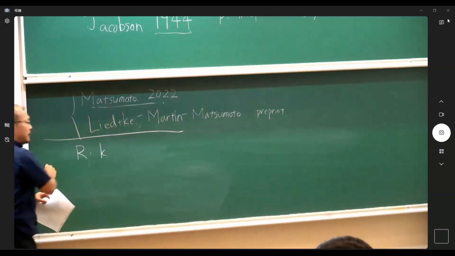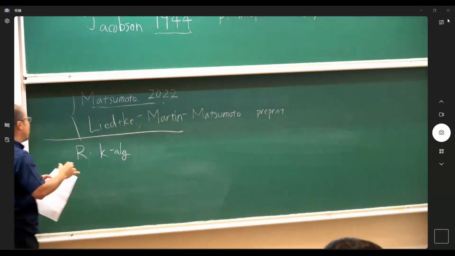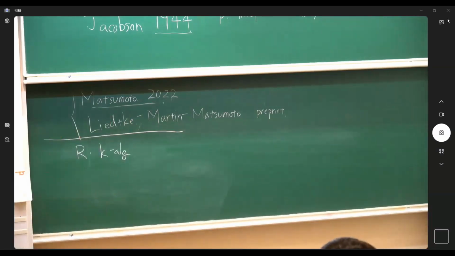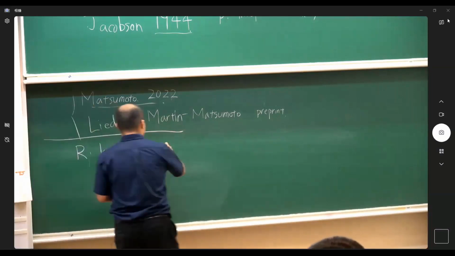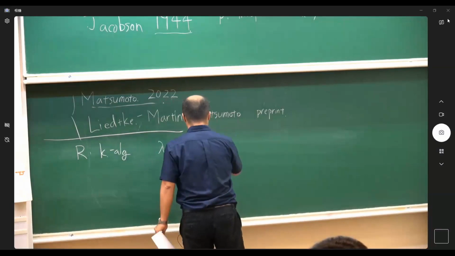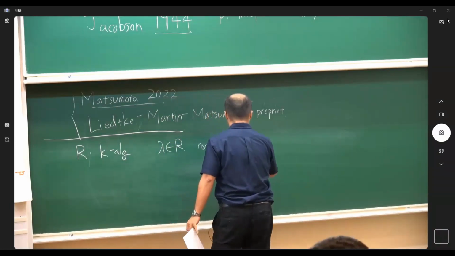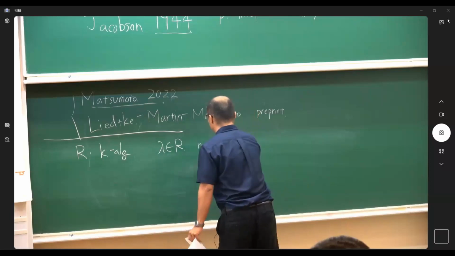Let R be a k-algebra. I will explain the deformation of surfaces. Take an element, a non-zero divisor and non-unit.